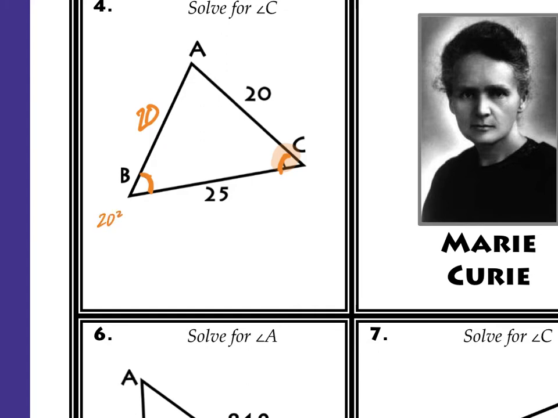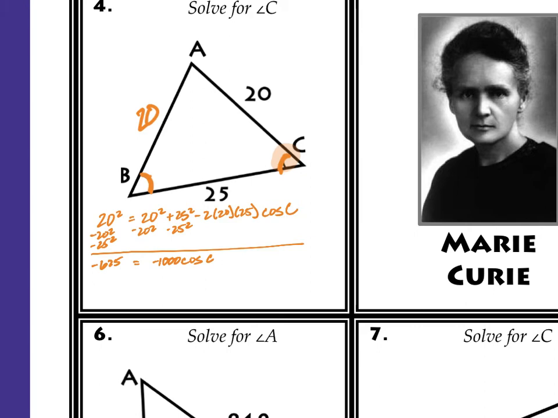20 squared is going to equal 20 squared plus 25 squared minus 2 times 20 times 25 times the cosine of C. And then I'm going to subtract 20 squared and subtract 25 squared. It's going to give me negative 625 equals negative 1,000 cosine of C. So divide by negative 1,000.